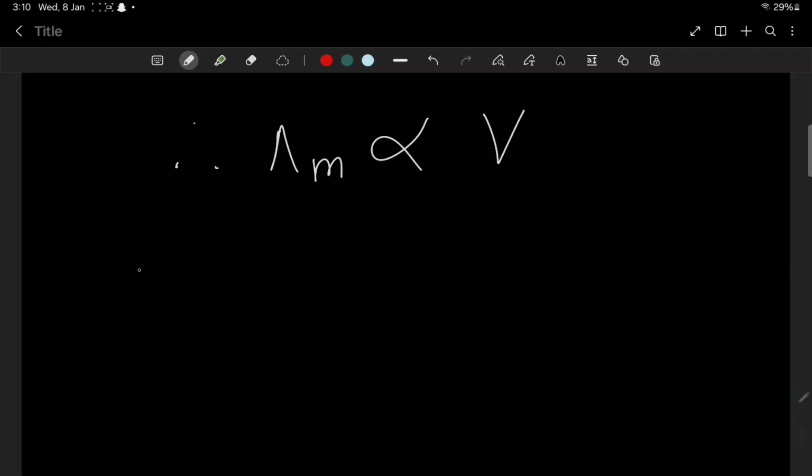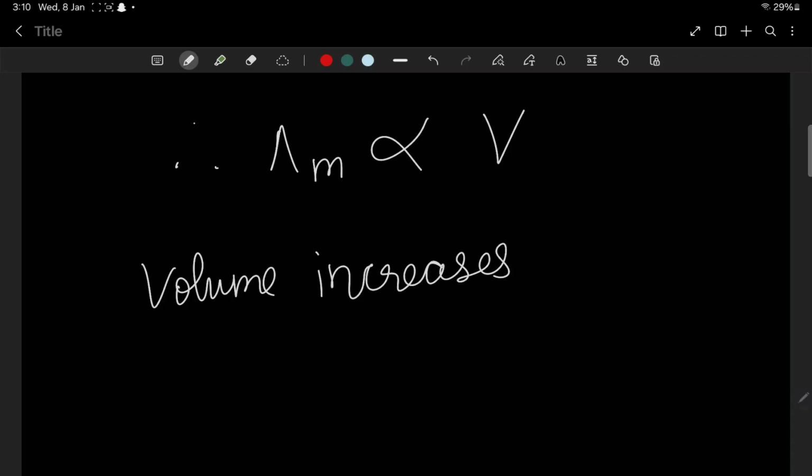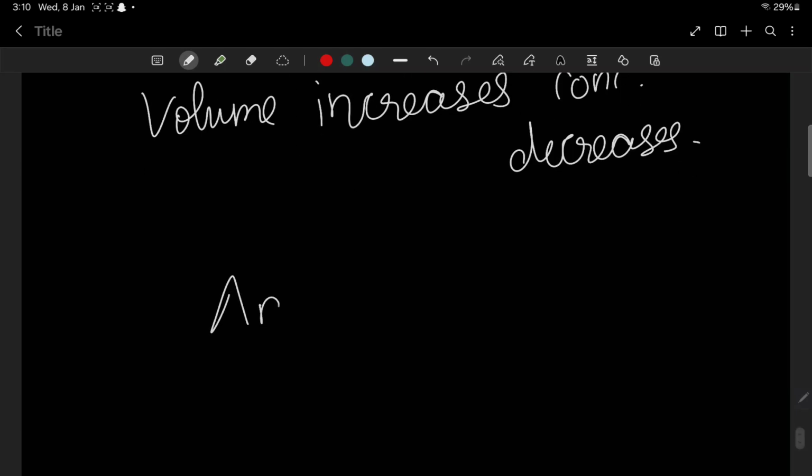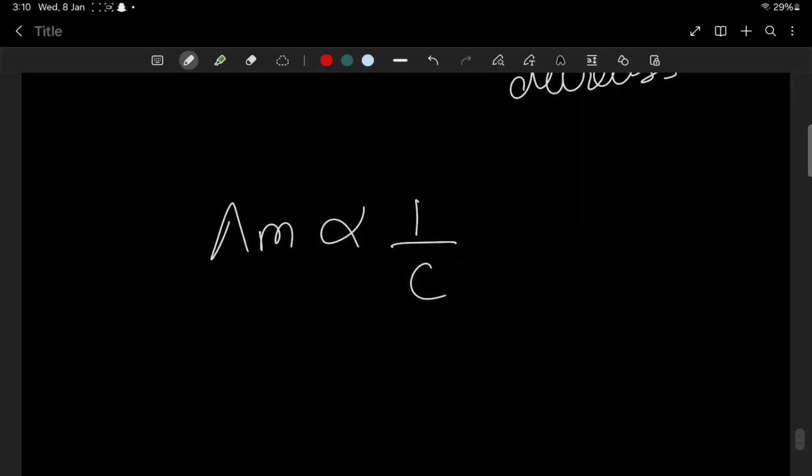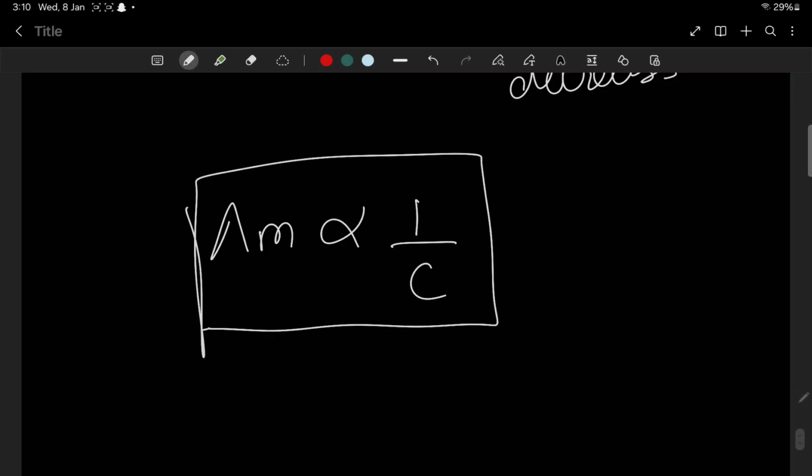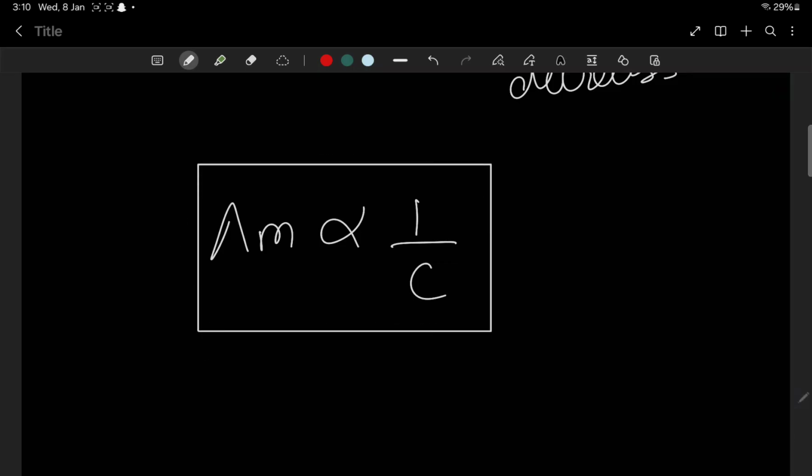When volume increases, you know that concentration decreases. So we can say that as concentration decreases, molar conductivity increases. That is, molar conductivity is inversely proportional to concentration. This is the important thing told here.